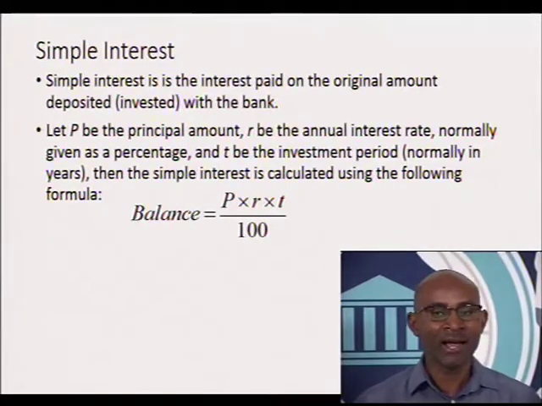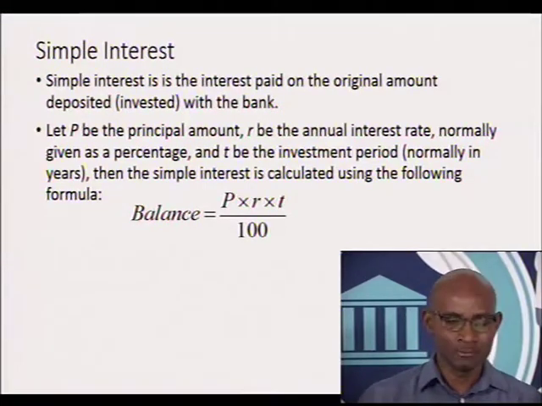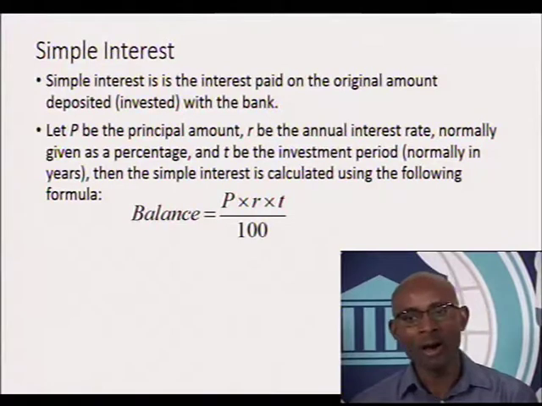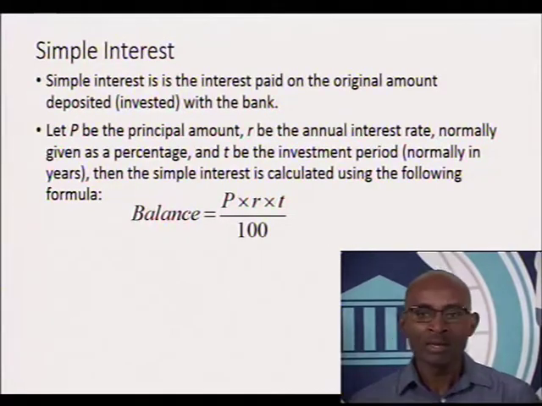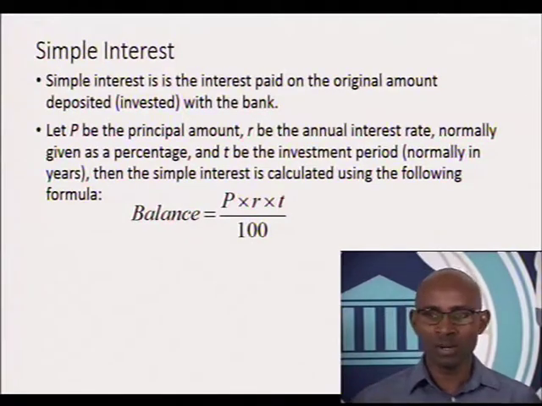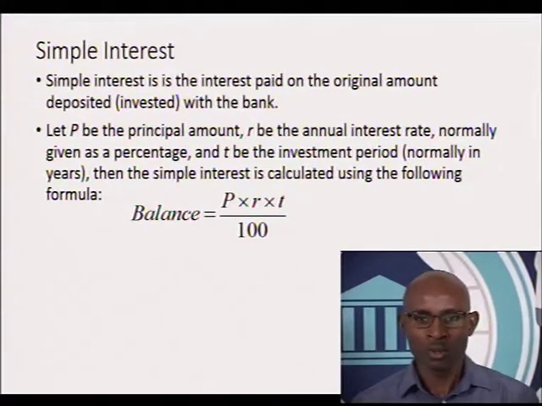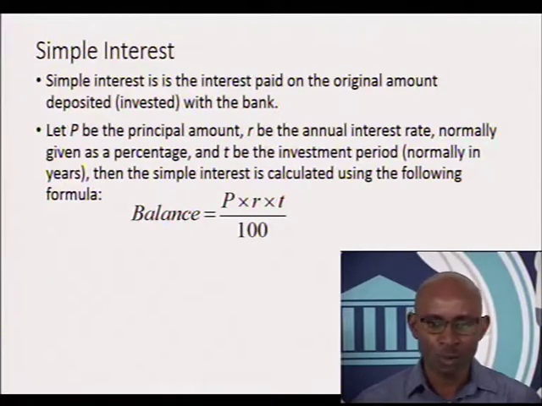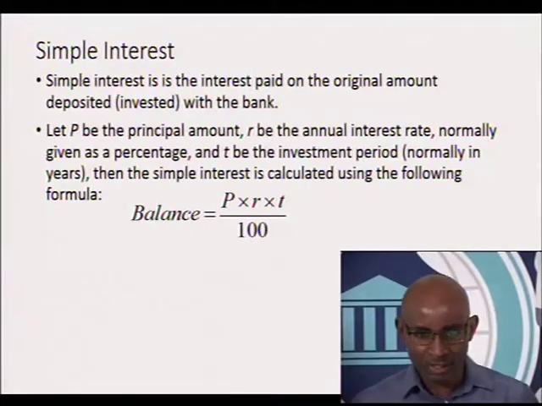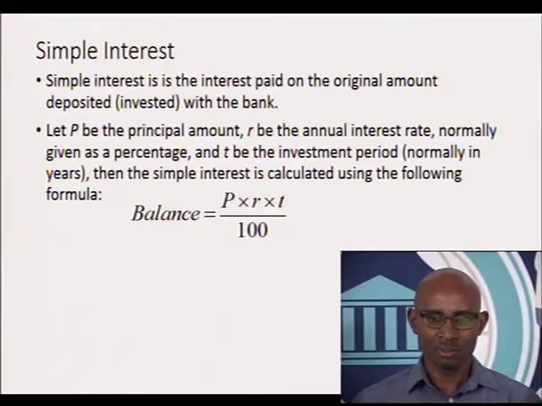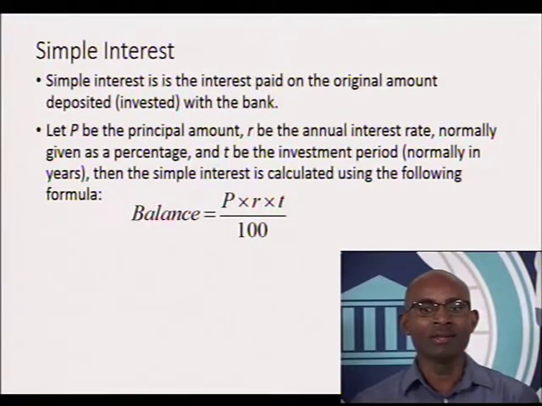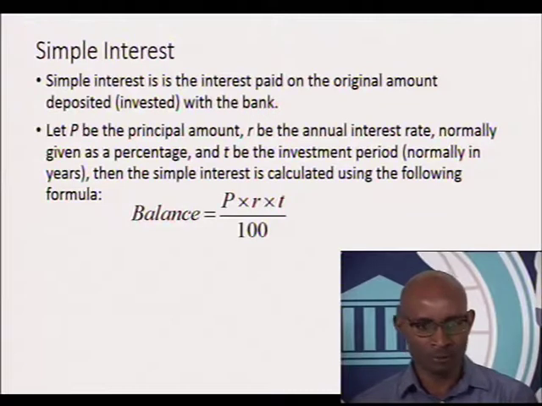So you divide R by 100, and then you work out that R over 100 of P. Okay, that gives you the interest in 1 year or after 1 year. And then if you are investing for T years, then you need to multiply that annual interest, the interest that you will get in 1 year, by the number of years, so that you can get the total interest at the end of the investment period.